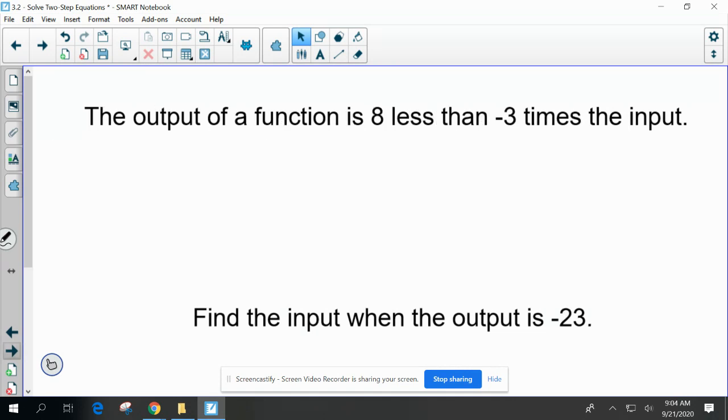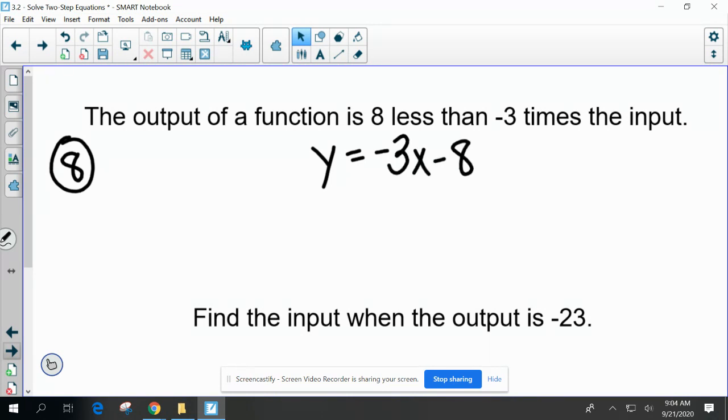Okay. Number 8. The output of a function is 8 less than negative 3 times the input. Yes.